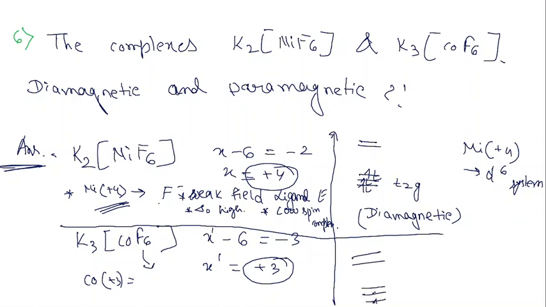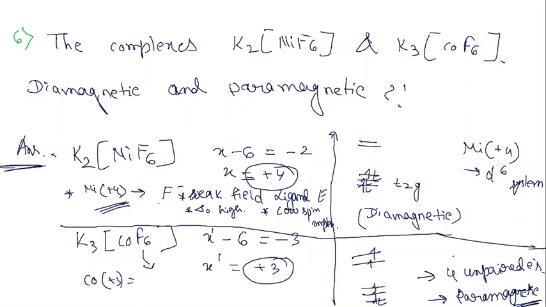So d6, it has 4 unpaired electrons. So it is a paramagnetic species. If you do the NMR of this species, you can see the paramagnetic shift. Okay, and you have to do it on the long run scale.